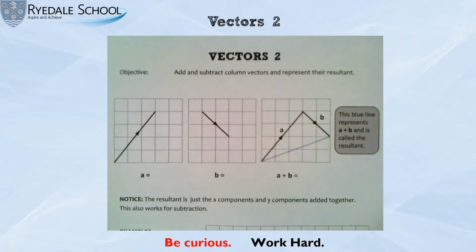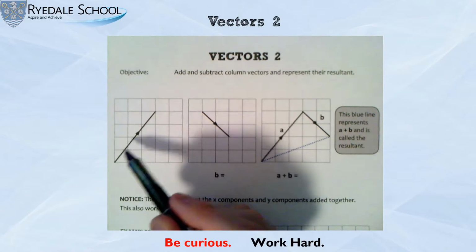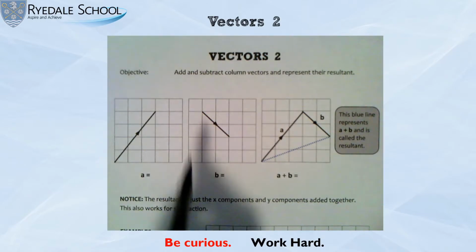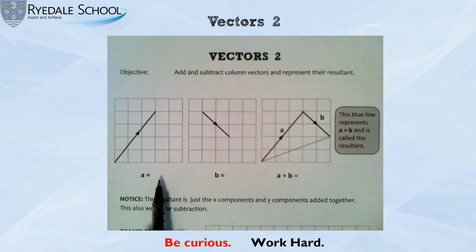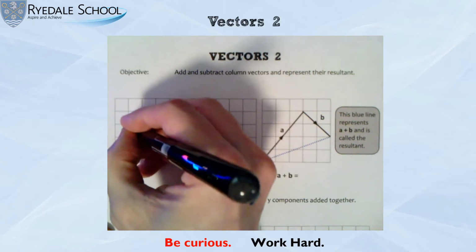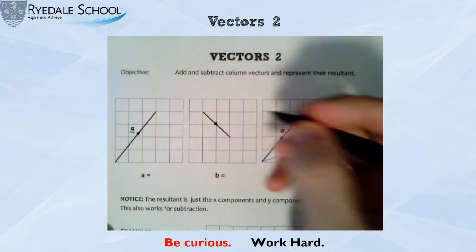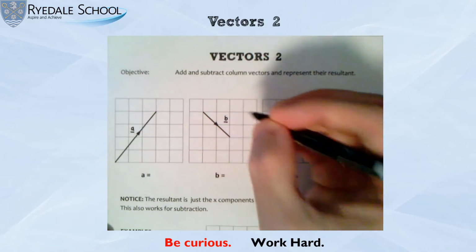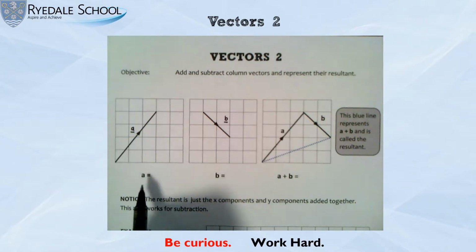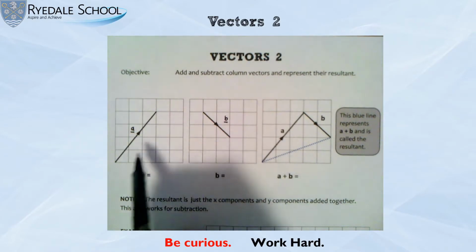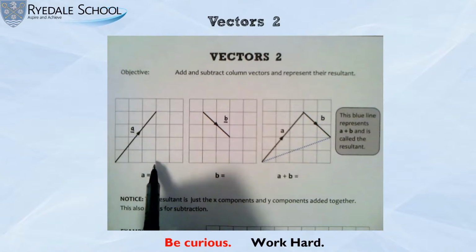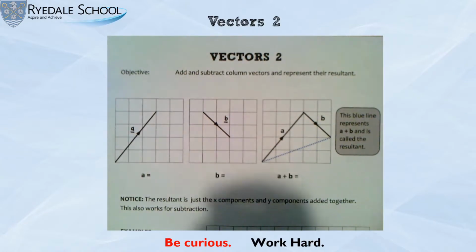So just as a little reminder from the previous lesson, I've drawn in a vector A, I've drawn in a vector B, and I'm just going to represent these two vectors using the column vector notation. So I'll just drop in a little A with an underline, and a B with an underline there. So I can see that vector A is 3 to the right and 4 up.